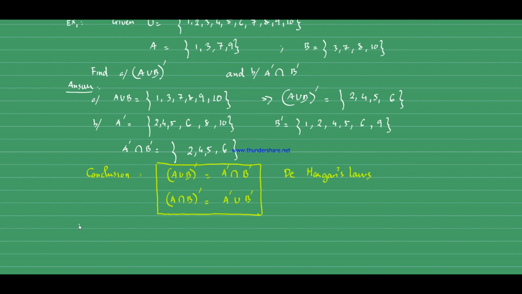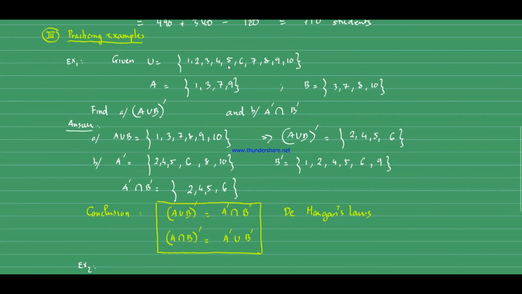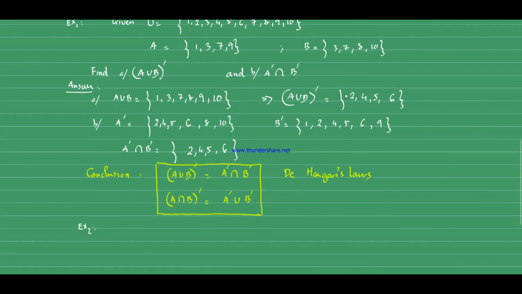So in example 2 over here, I'm going to use the same information. I have the universal set like this. I have A set and the B set. Now I want to find the intersection between A and B. The intersection between A and B over here is just 3 and 7.